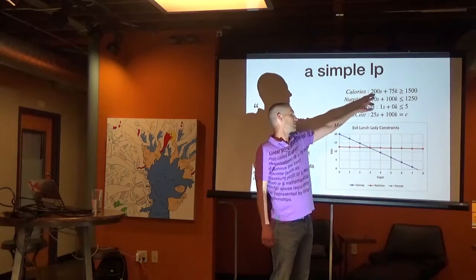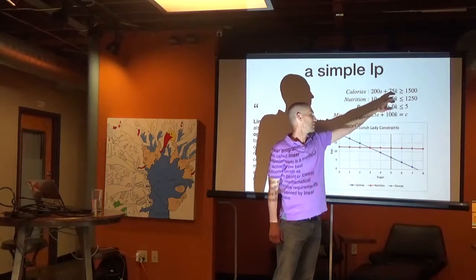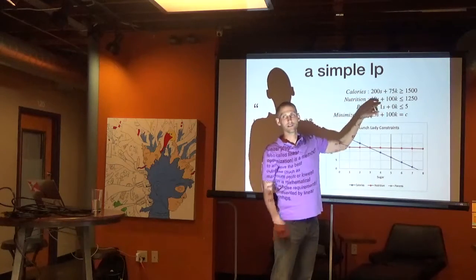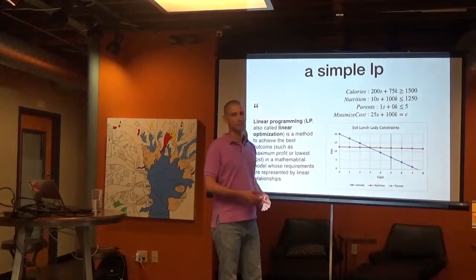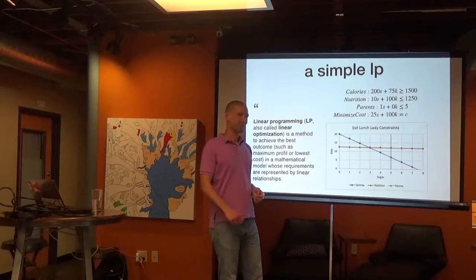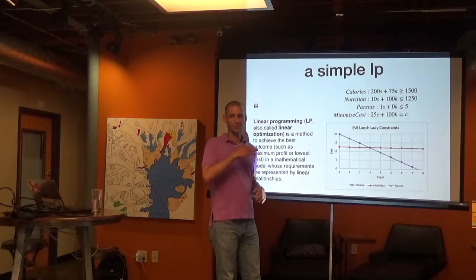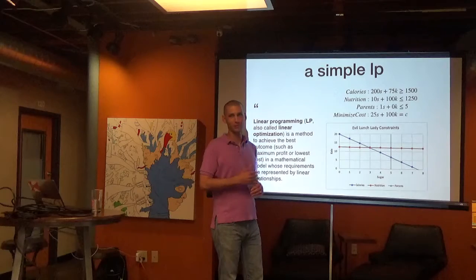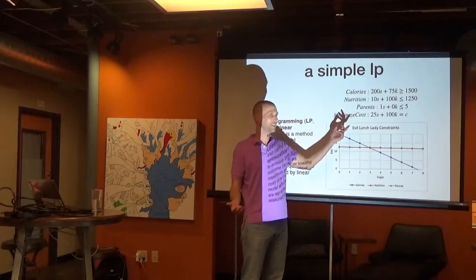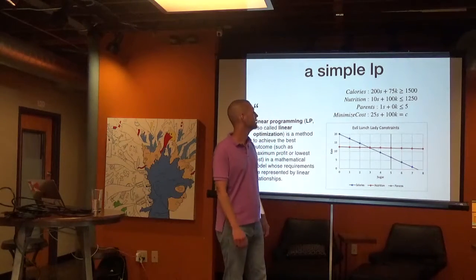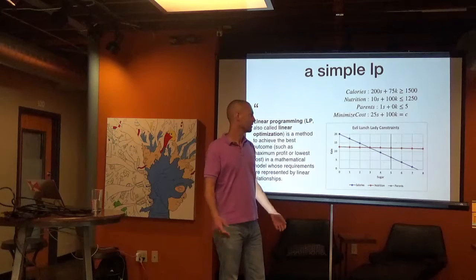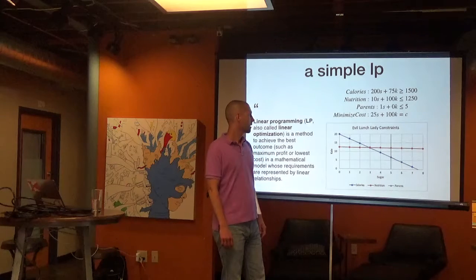And we know that sugar has 200 calories per serving and kale has 75, and so we want the summation of those 2 to be greater than 1,500. While simultaneously we want the nutrition levels to be as low as possible, so we know that sugar doesn't have very much nutrition, so we're going to give it 10 units, whatever that should be, versus 100 for kale, which is way more nutritious.